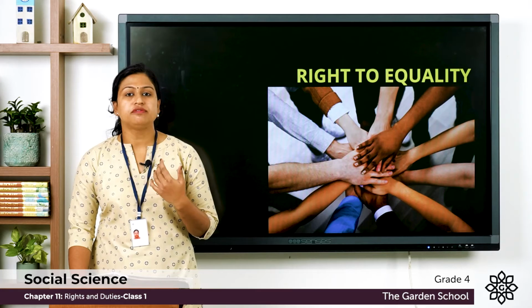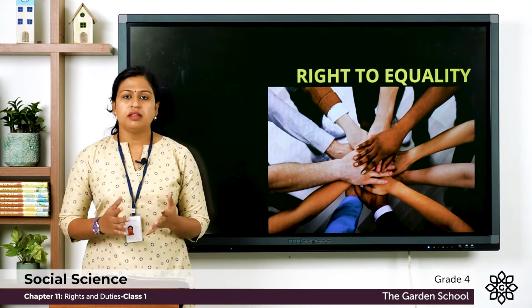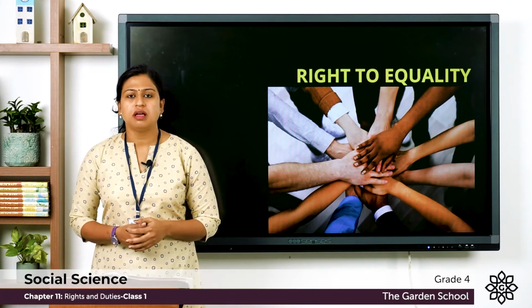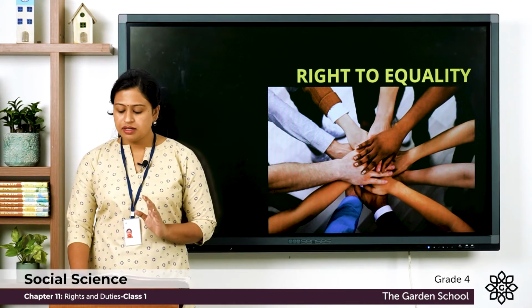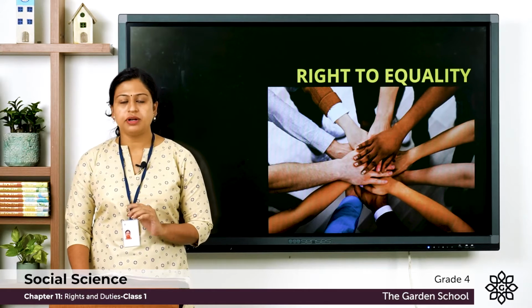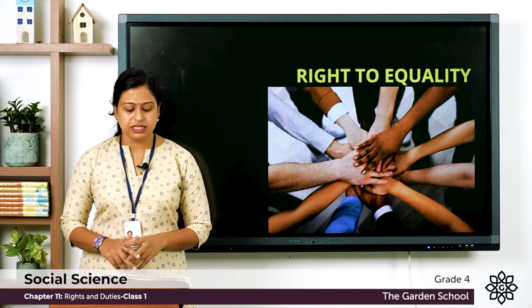They have different festivals, and their traditions and cultures are all different. Their places of birth are different, so there are many differences. Despite these differences, all are equal and all will be protected equally under the law of the country. This is the meaning of the right to equality.